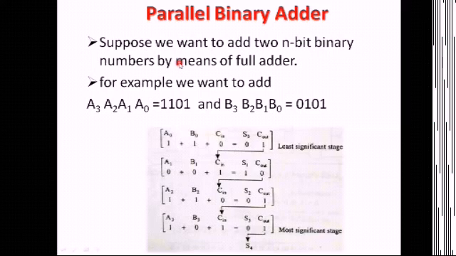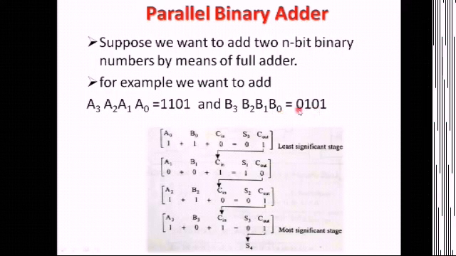So here, suppose we want to add these two 4-bit numbers. A3, A2, A1 and A0 is one number, which is 1101. Another one is B3, B2, B1 and B0, which is 0101.